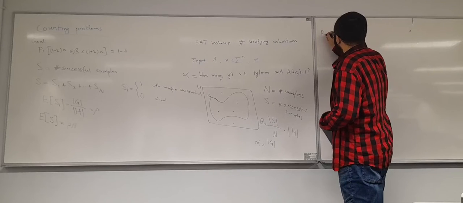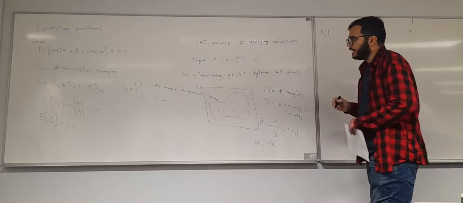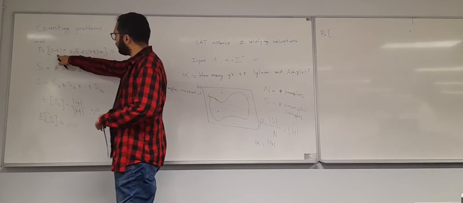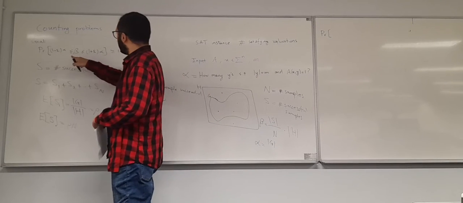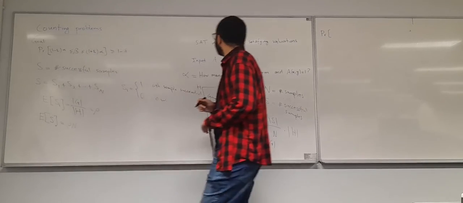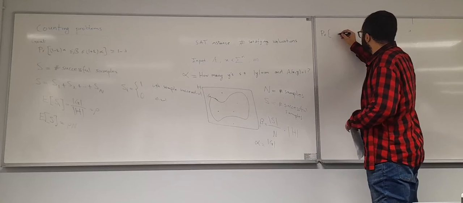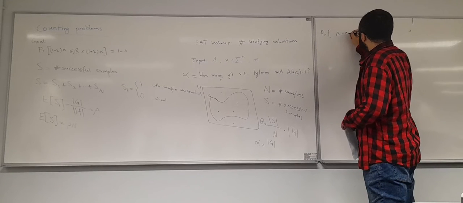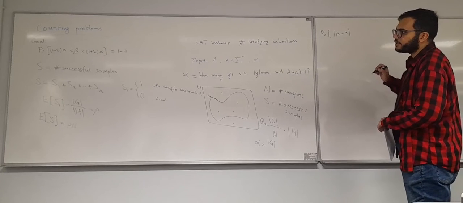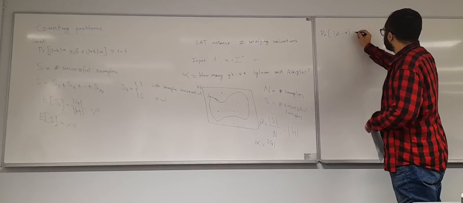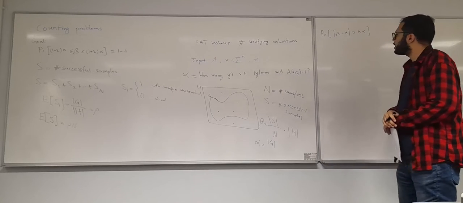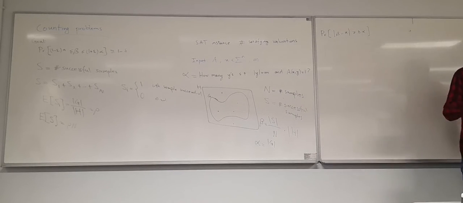My probability of failure is the probability that either beta is less than 1 minus epsilon alpha, or beta is strictly greater than 1 plus epsilon alpha. So it's the probability that beta minus alpha is greater than or equal to epsilon. Okay. Where have we seen this before?